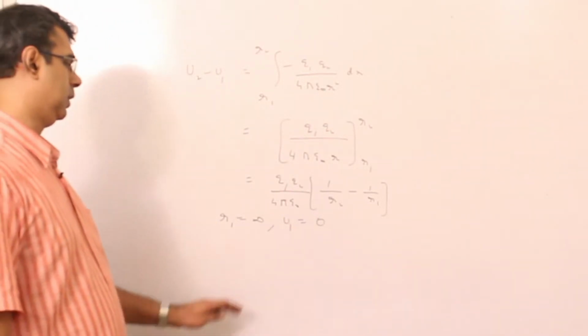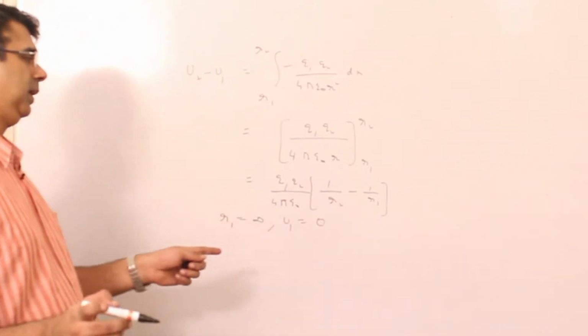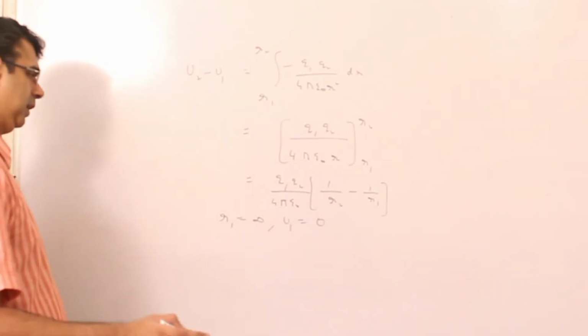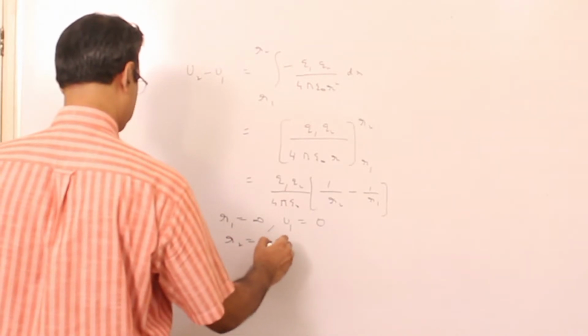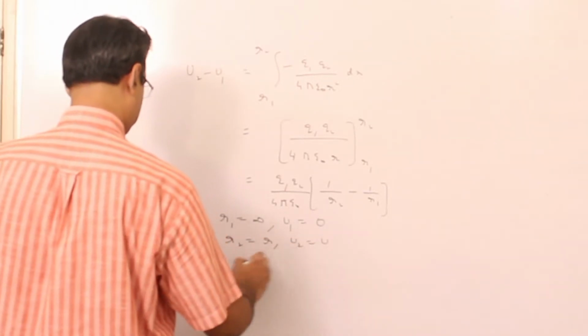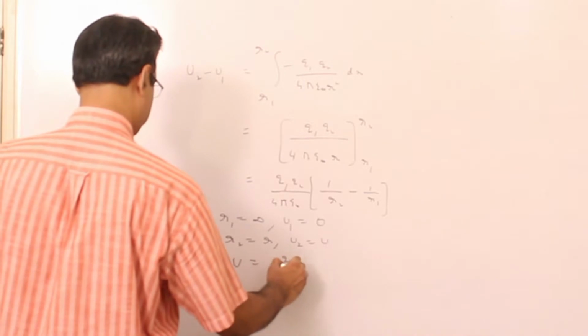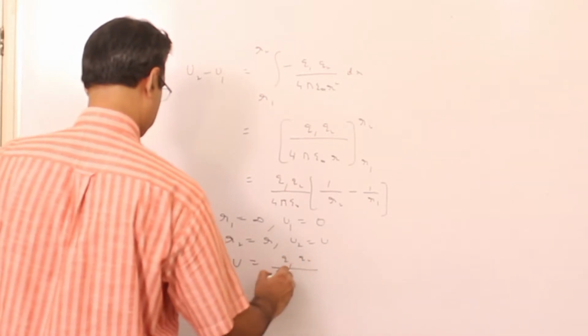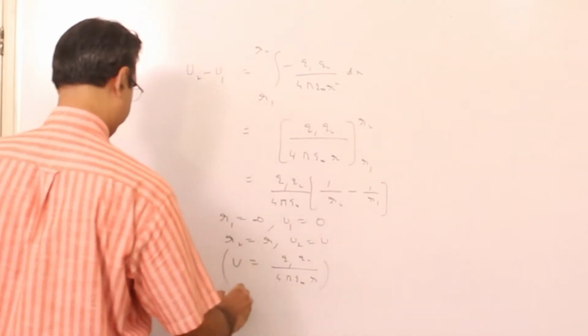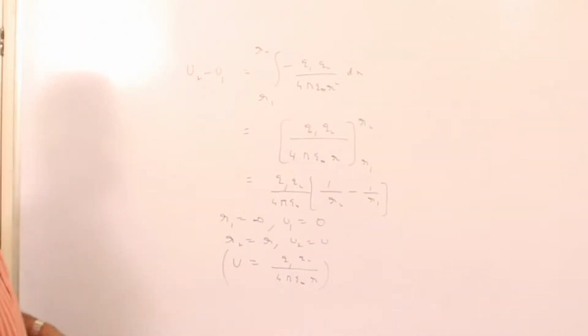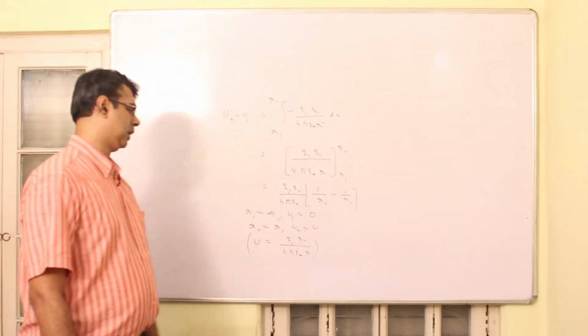So if the two charges were initially at a separation of infinity and finally they are brought to a separation r, then the potential energy of the system of the two charges is U equal to Q1 Q2 by 4 pi epsilon naught r.